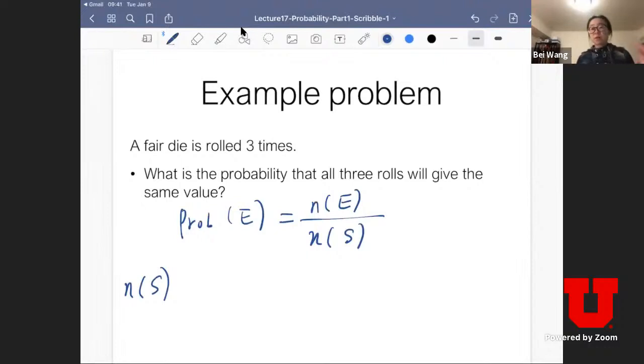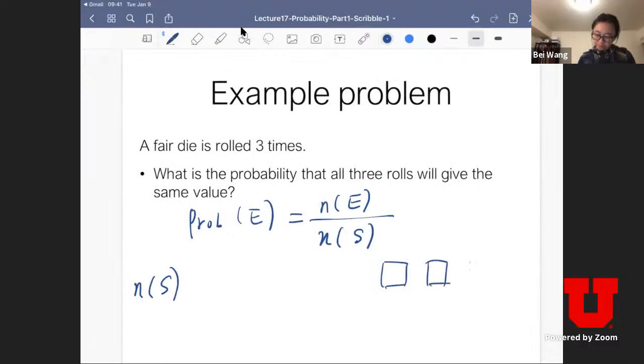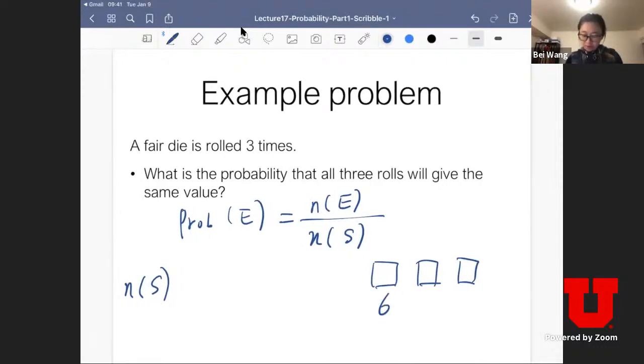You roll a die 3 times. Okay, so you have 3 dice here. Each of the dice can choose from one of the 6 different numbers. So the first die has 6 choices, the second has 6 choices, the third has 6 choices. So together it has 6 to the power of 3 choices. So that is the size of the sample space.